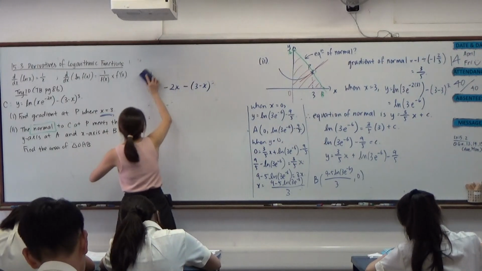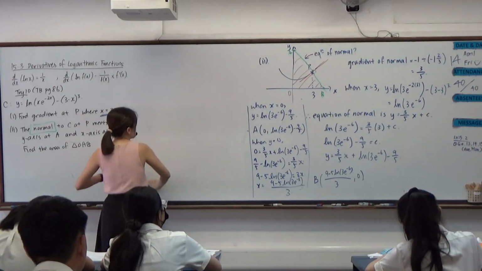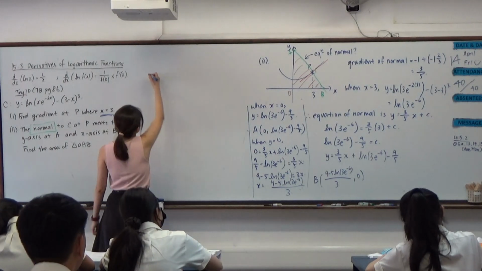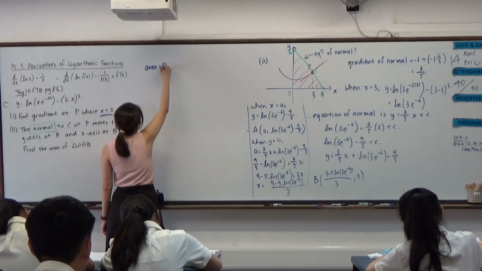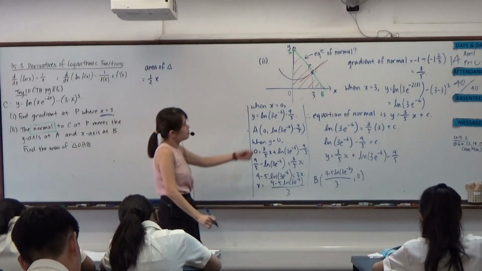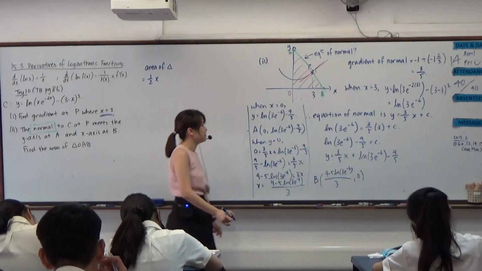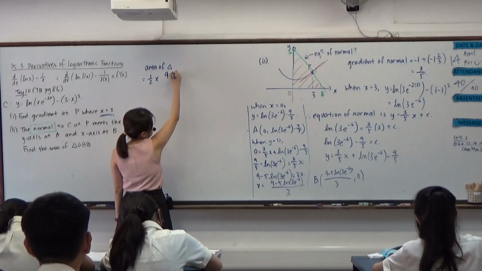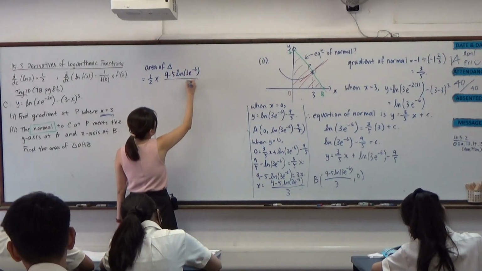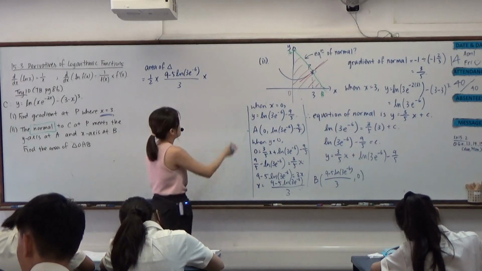Hence, it will be easy for us to do half times base times height. The base will be the distance from O to B, that is the x-coordinate of B. And the height will be the y-coordinate of A.